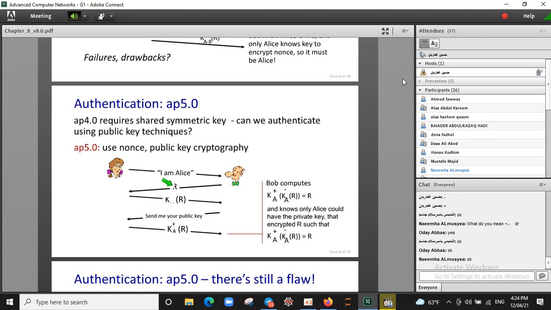Bob cannot reuse and resend a past message to Alice, because, pay attention, whenever you resend a packet, a repeated packet over the network, the attacker can break your security mechanism.